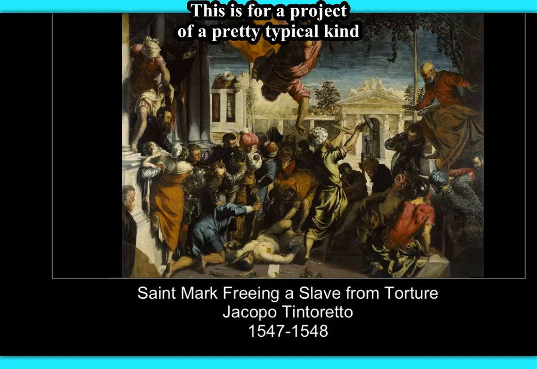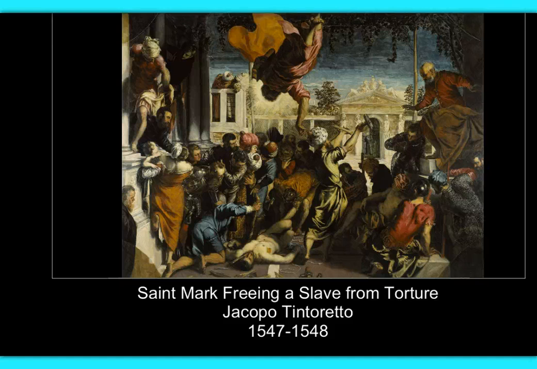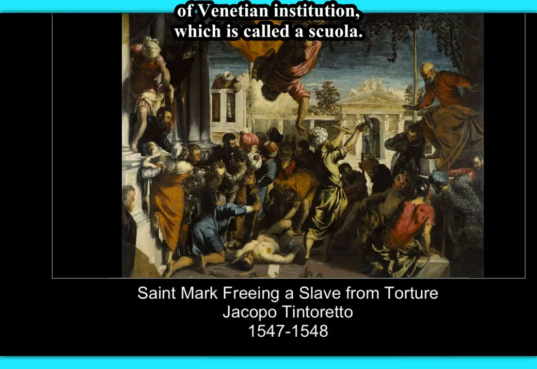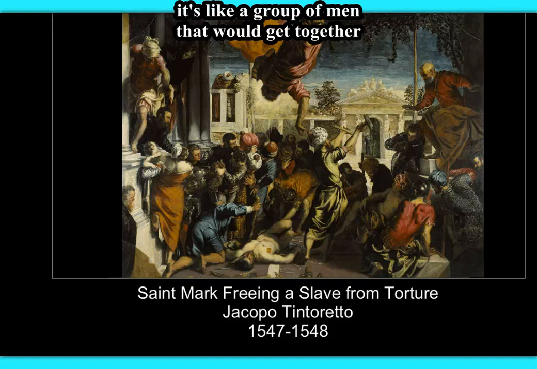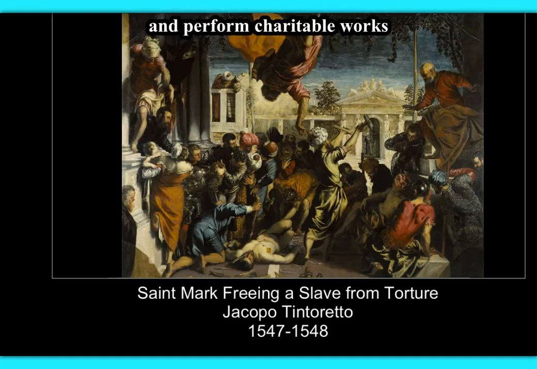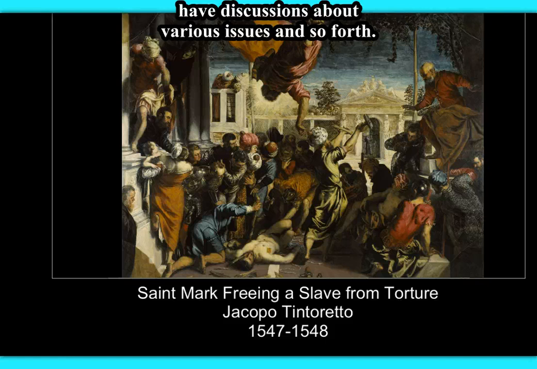Anyway, what we see in this painting comes from another commission of Tintoretto's, for a pretty typical kind of Venetian institution, which is called a scuola. A scuola is a kind of confraternity. It's a group of men that would get together and perform charitable works and enjoy entertainments together, have discussions about various issues, and so forth.